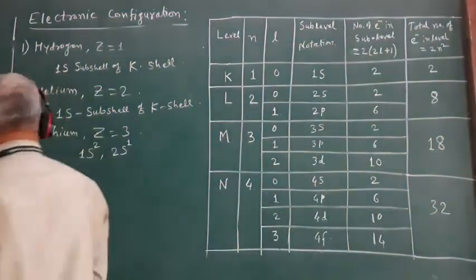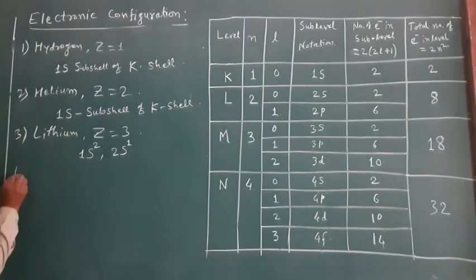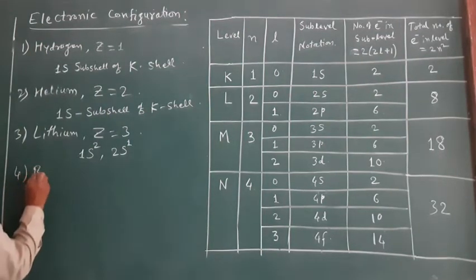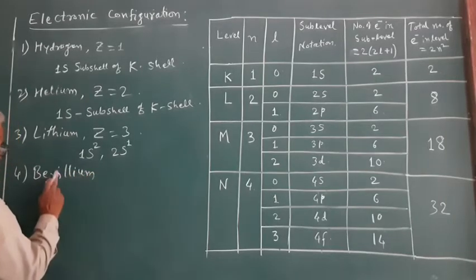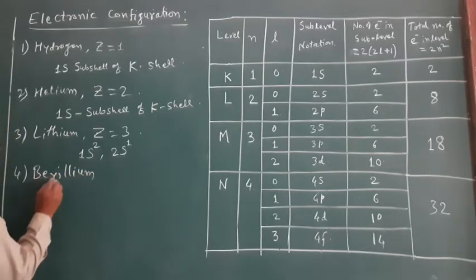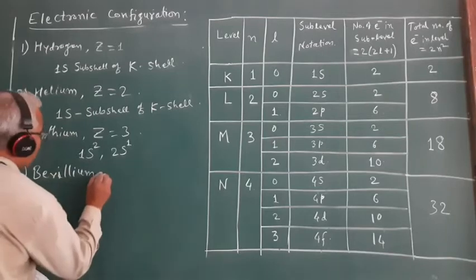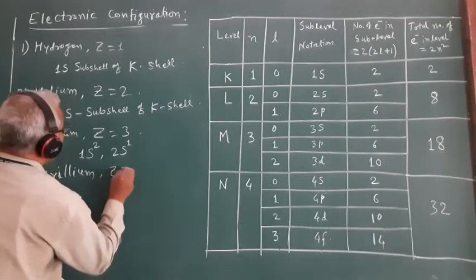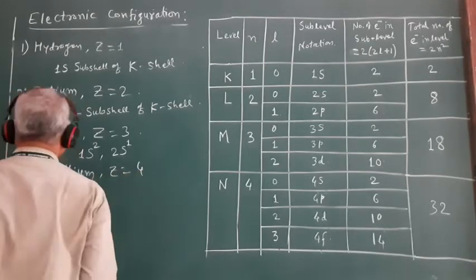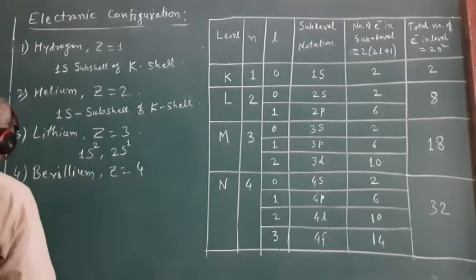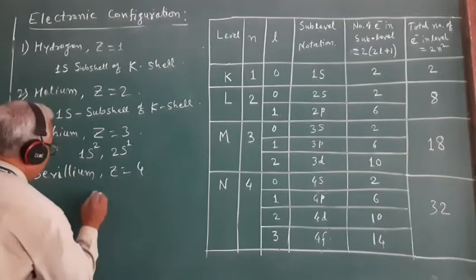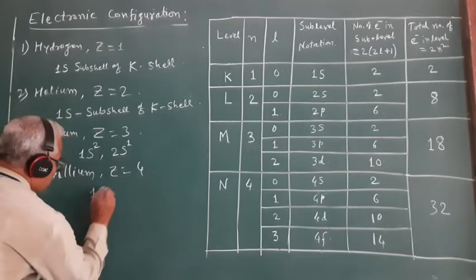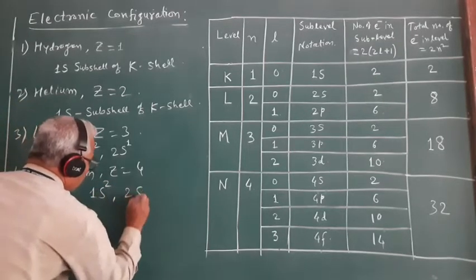Then for beryllium, Z is equal to 4, and the electronic configuration of beryllium will be 1s2, 2s2.